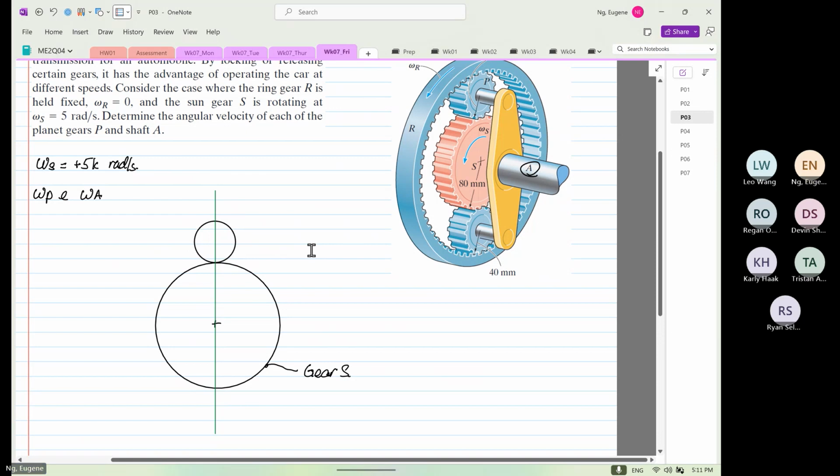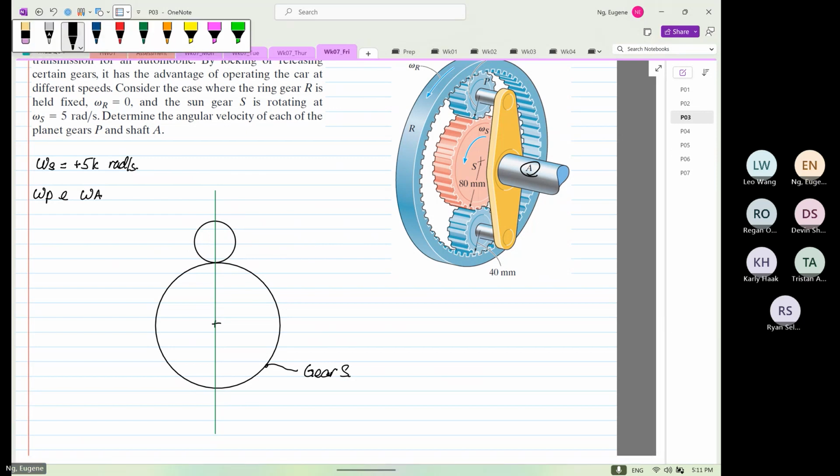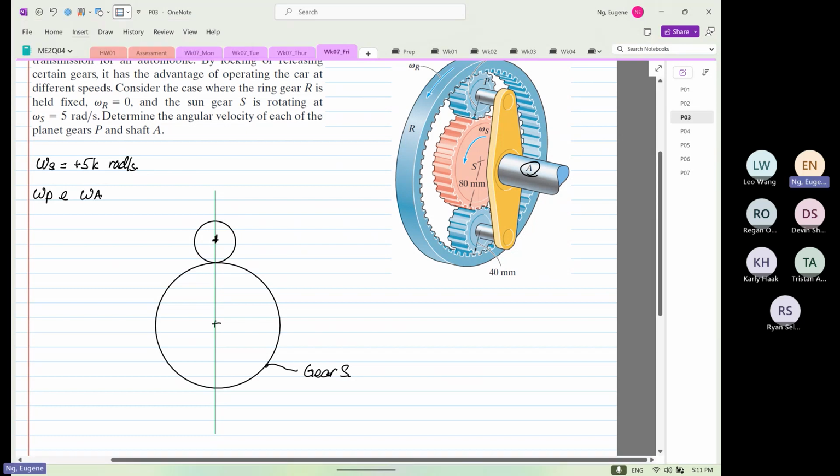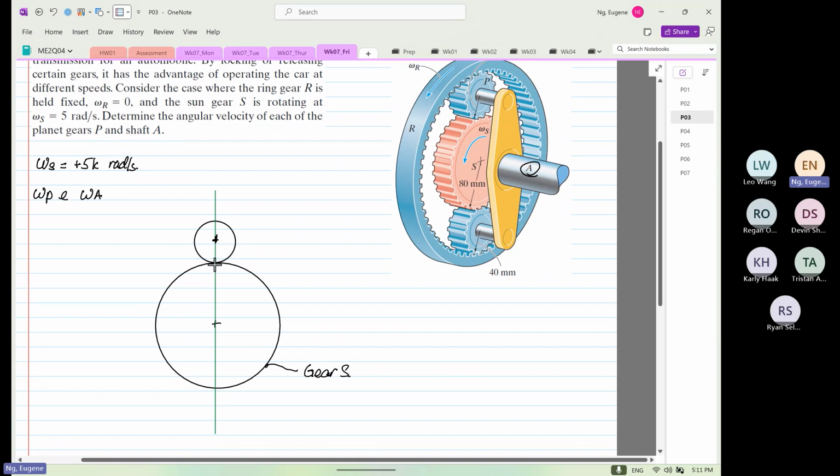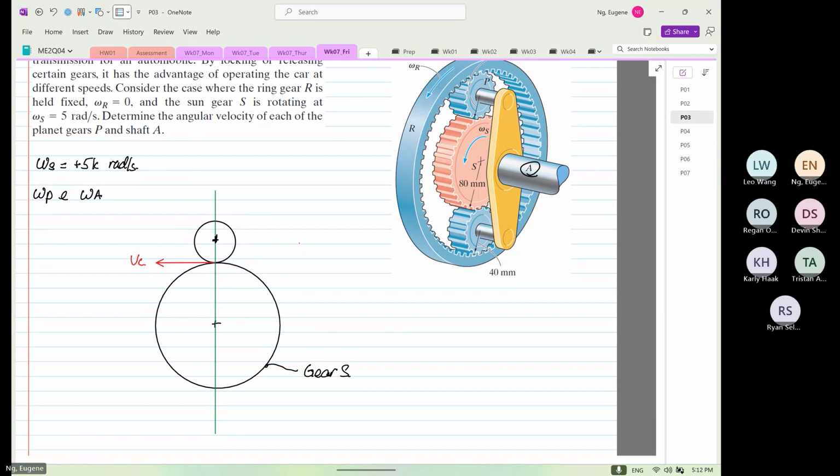So we know that over here, with a different color, what we are very clear is that this is our VS. At this point over here, I'm going to call it our VR, and our VR is equal to what? 0, because the velocity is specified as 0.